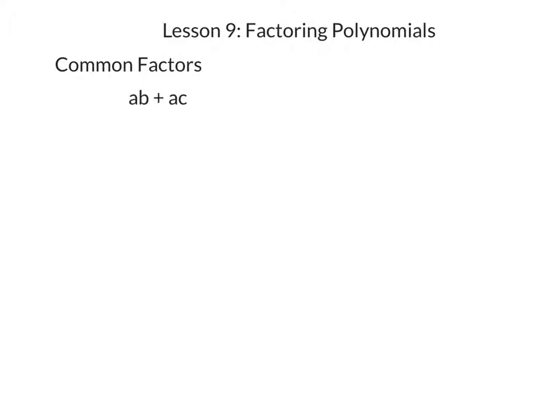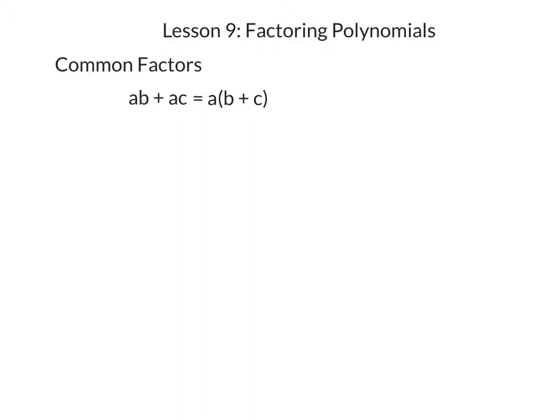So if we start by looking at this very simple polynomial, AB plus AC, it's got two terms, AB and AC, but notice you do have a common factor. Both of these terms have A within them, so therefore you can factor the A out.